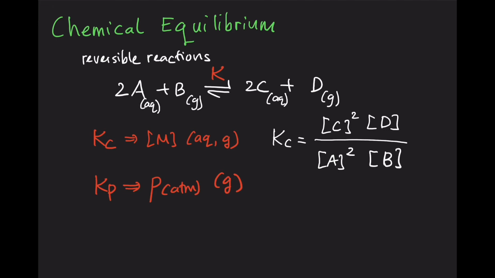Now see that for Kc we use everything, because here we have aqueous, gas, aqueous and gas, so we use everything in our mathematical expression. However, for Kp, we only use the gas phase. And therefore, here we can write down that Kp is equal to the partial pressure of D divided by the partial pressure of B, also power to each of their coefficients.